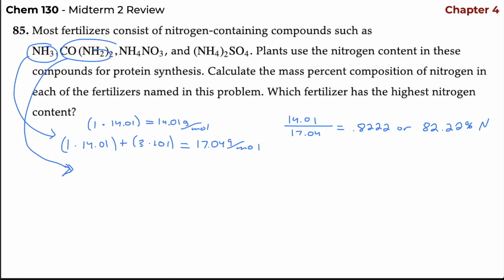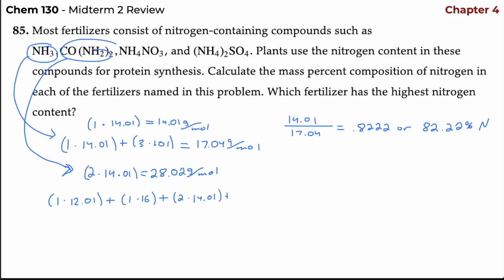So let's find the mass of nitrogen: 2 nitrogens times 14.01, which is equal to 28.02 grams per mole. And then the total is going to be one carbon atom, which is 12.01, one oxygen atom, which is 16 grams, and two nitrogen atoms.